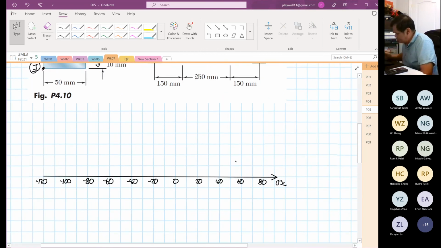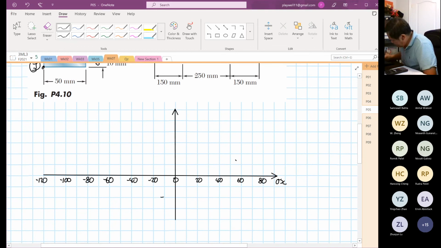And on the y direction, we know that the centroid is at 25, yes or no? Right? So we just need to do from here to here. So this is minus 20, minus 40. This is the y direction. This is 20, 40, 60.